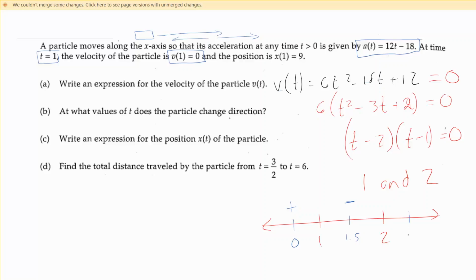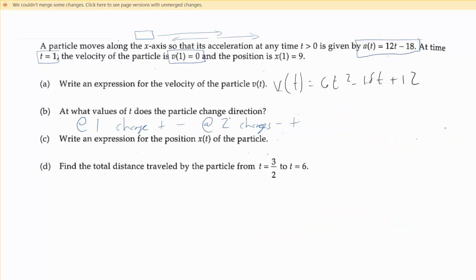And if I put in a big number like 3 or higher, I get a positive times a positive, which is positive. So it does change: at 1, from positive to negative, and at 2, from negative to positive. So it changes direction at both of those.